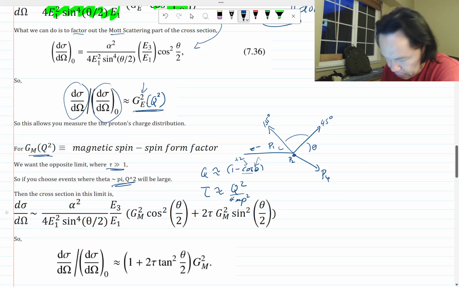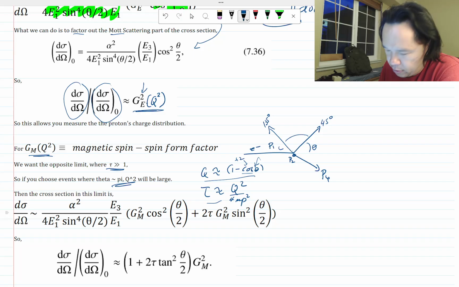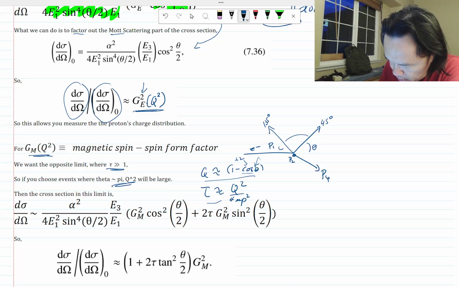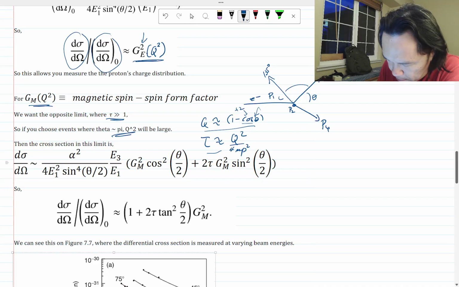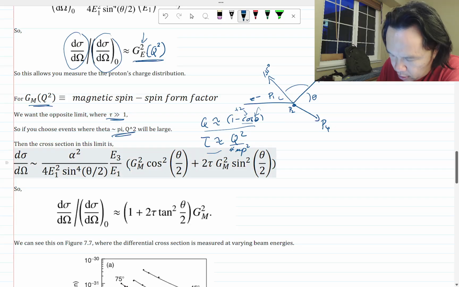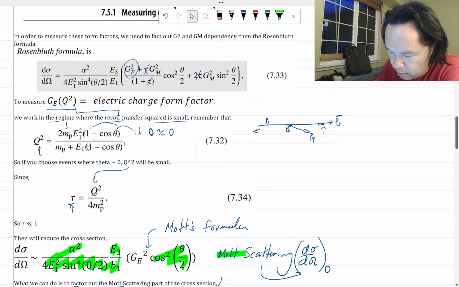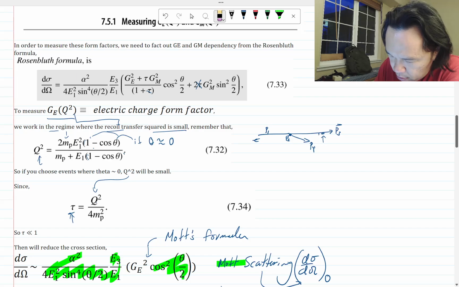So in the regime where you have large scattering angle, in other words, your Q is large, and therefore your tau is large. In this case, for the cross-section limit, the tau part of your cross-section dominates. Let's go back up here to the original formula to make sure.